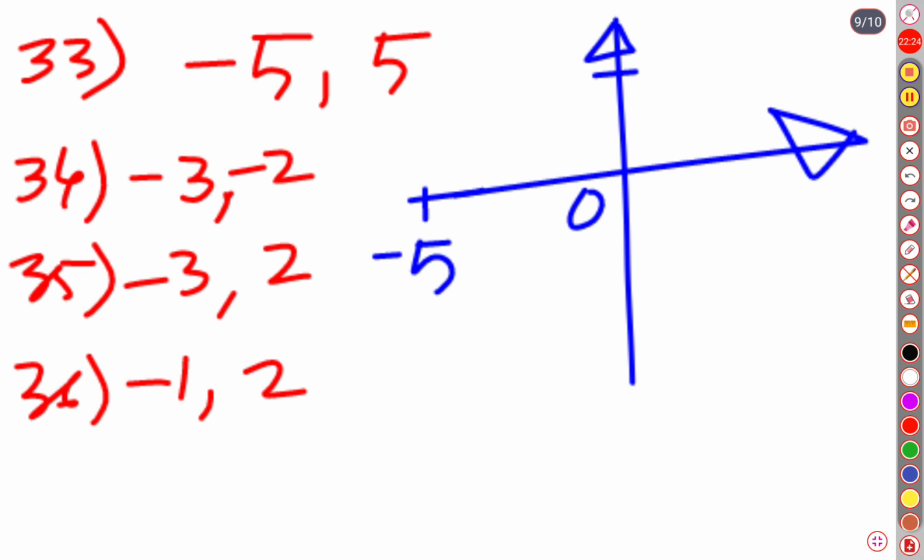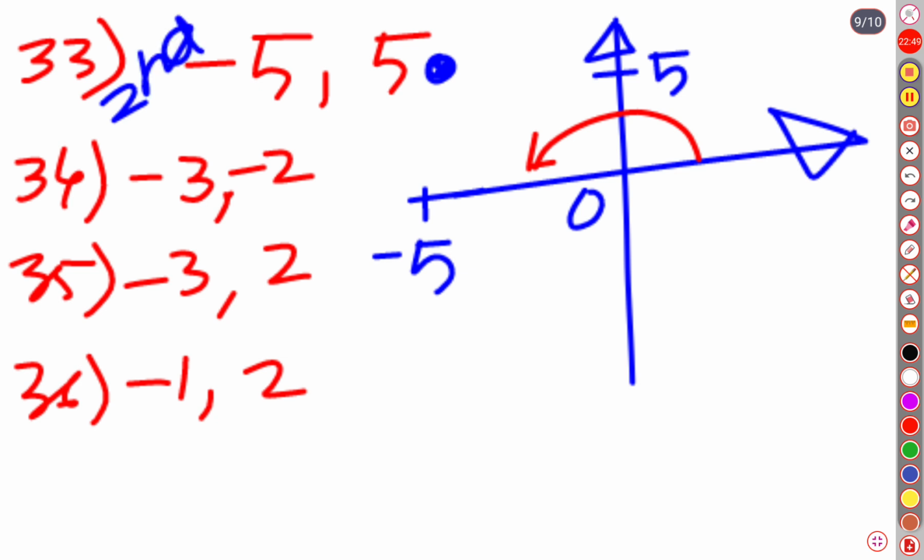Let us see which quadrant this is. If we move in anti-clockwise direction starting from here, this is the second quadrant. So for 33, your answer is second quadrant.